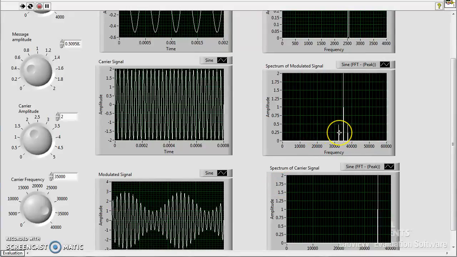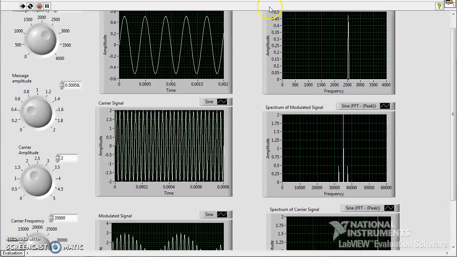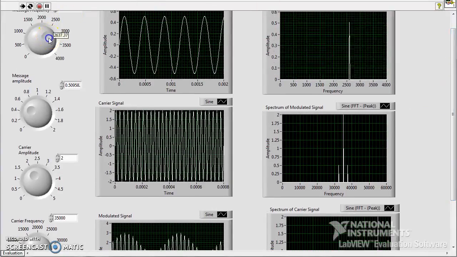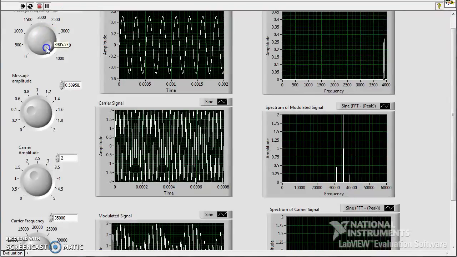The amplitudes of the sidebands are reduced. Let me make the sidebands move far away from each other. To do that, increase the frequency of your message signal. So this is what we have with standard amplitude modulation, where we have the message signal, carrier signal, and the modulated signal.